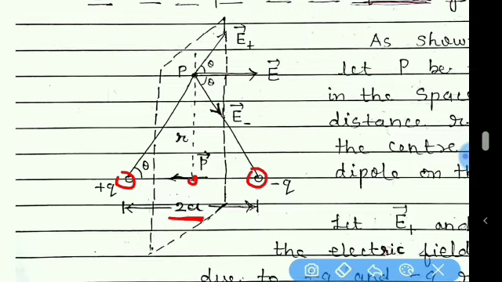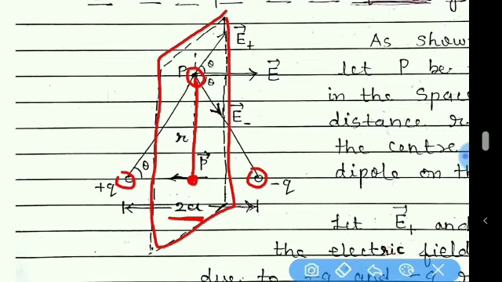From the midpoint of this dipole, this is an equator, and a point P is taken at which we are going to find the electric field. Here this plane is given only to get the three-dimensional effect.